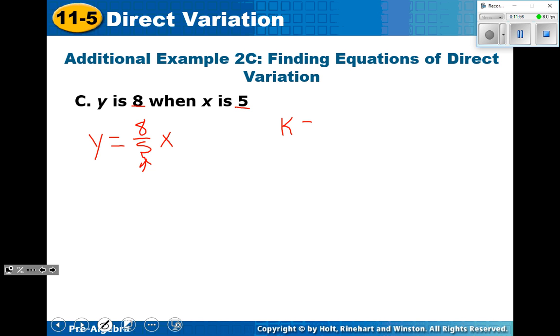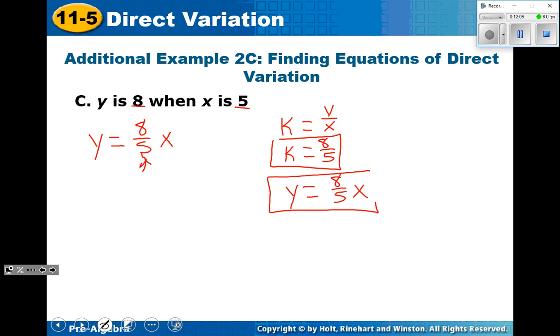Remember, we had k equals y over x. Plug in y and x, and then plug that into this. But after you do that a few times, you ought to be able to just go directly to the answer. Sometimes you have to simplify a fraction or something.